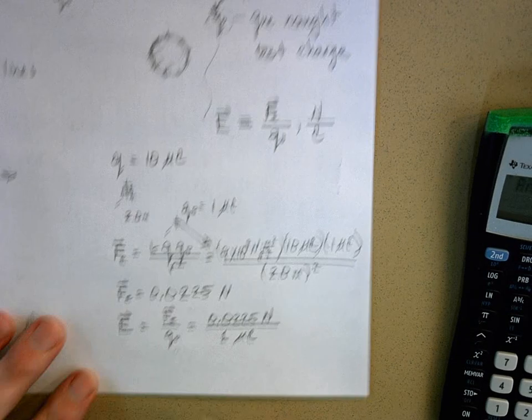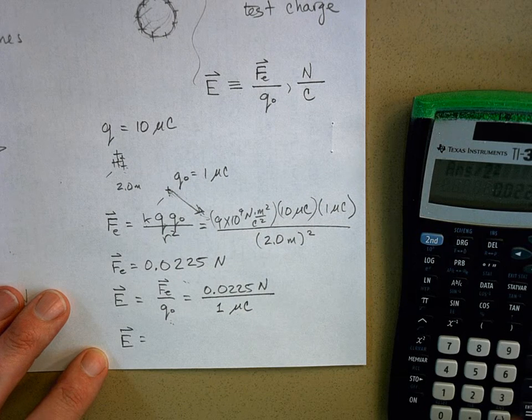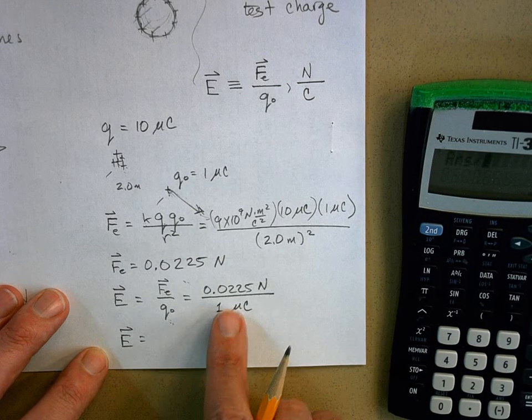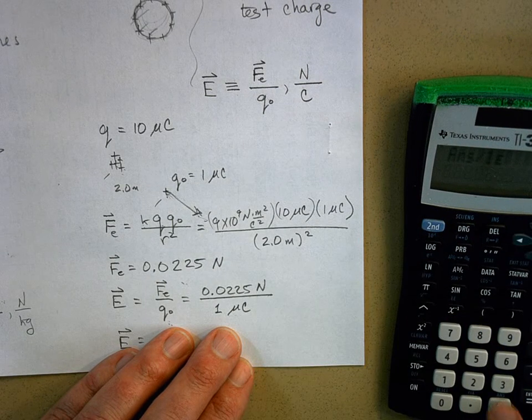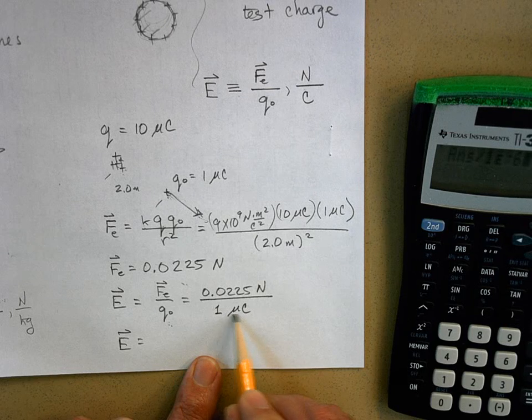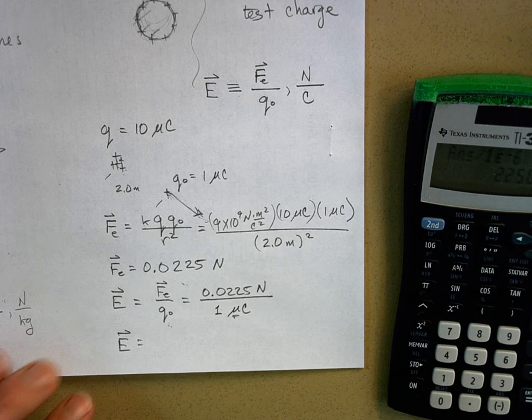So let's do the math. It's 0.0225 newtons divided by 1 times 10 to the negative 6. Negative 6, micro is negative 6. Equals, and I get a big number here.